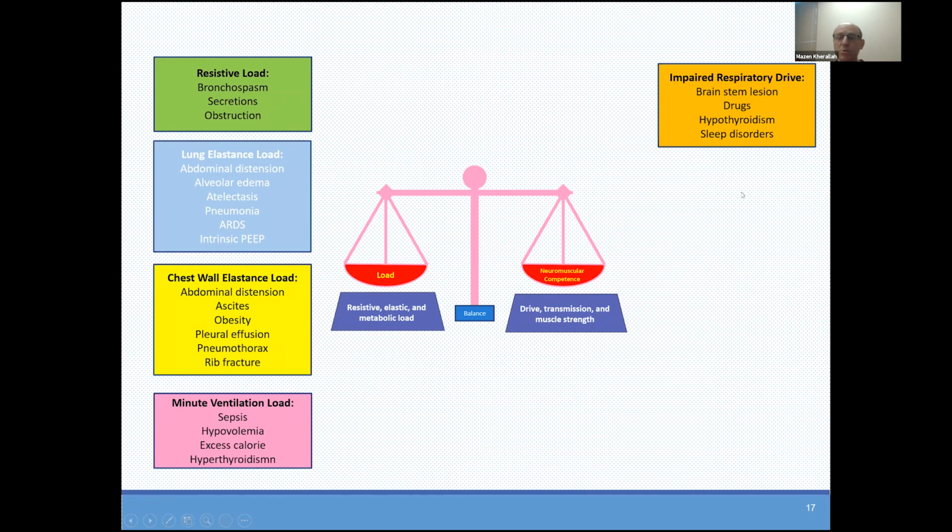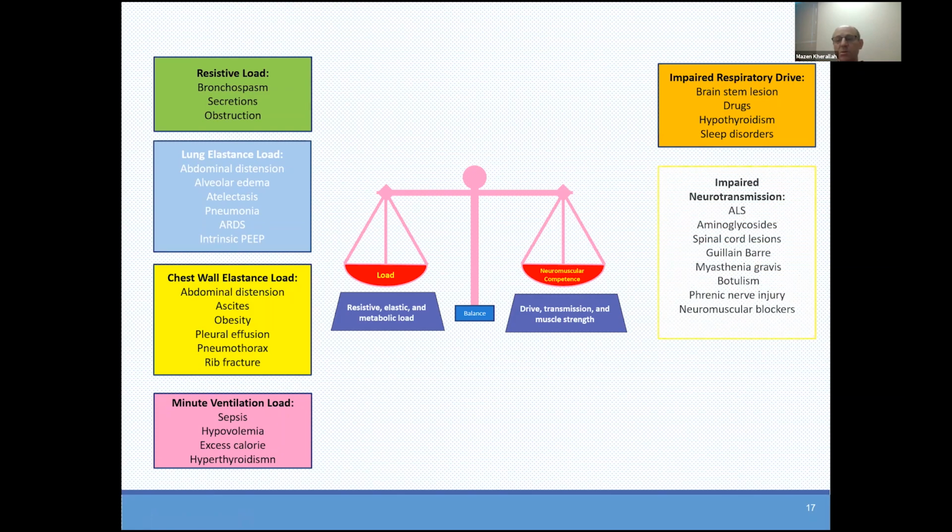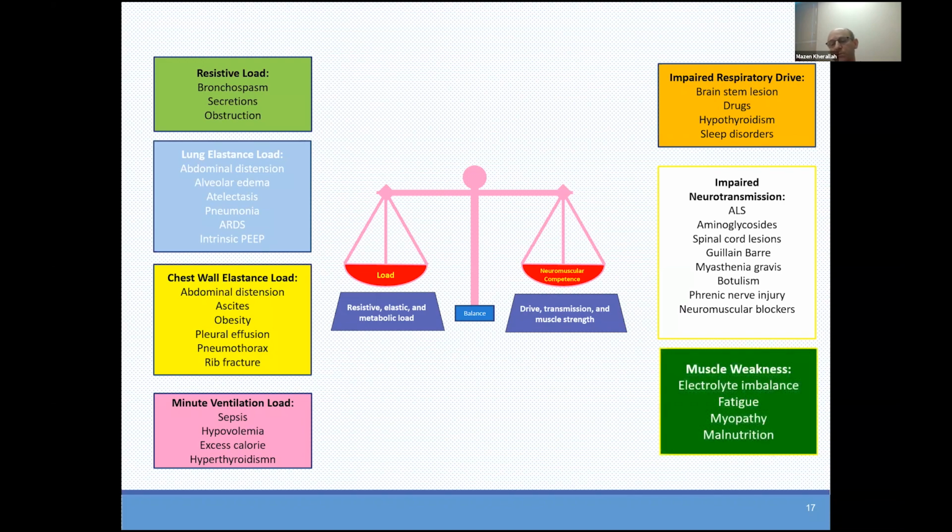The patient is not able to maintain adequate and normal neuromuscular competence, as we talked before: impaired respiratory drive in brainstem lesions, drugs, hypothyroidism, sleep disorders; impaired neurotransmission in ALS, aminoglycosides, spinal cord lesions, Guillain-Barré, myasthenia gravis, botulism, phrenic nerve injury, neuromuscular blockades; or impaired muscular weakness, such as in electrolyte imbalance, fatigue, myopathy, and malnutrition.